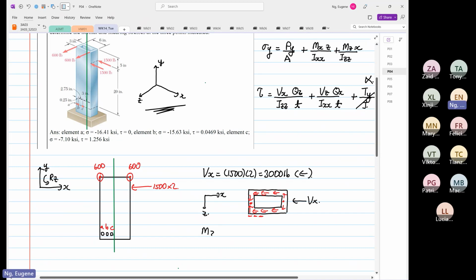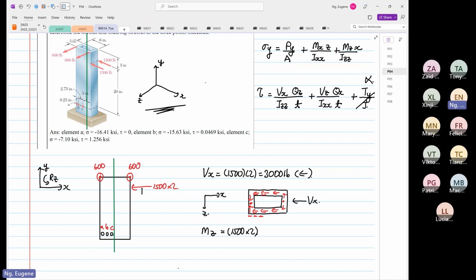Then the next thing that we know, we have moment in the Z. So the moment in the Z is equal to 1500 times 2. And because the applied force is perpendicular to the neutral axis, we take the distance to the element.